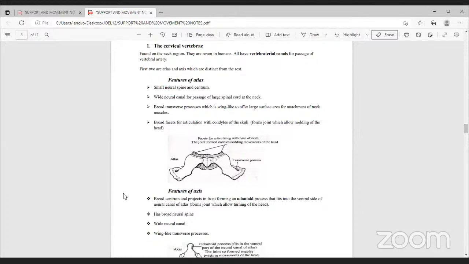Number 2, the other thing about them is that they have a wide neural canal for passage of the spinal cord. Passage of the spinal cord at the neck region.